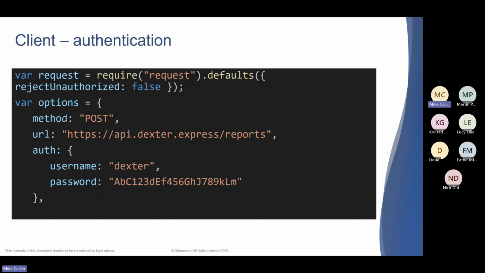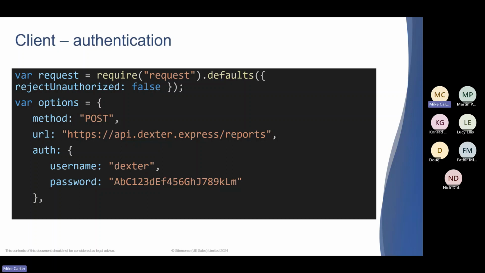But this is the first bit, and as you can see here, what we're doing is we're setting up the options for a post. We're using this URL, which is the URL that you submit requests to the Sitemorse API. And there's an authentication piece. The username's Dexter, and the password is that license key that we talked about earlier.